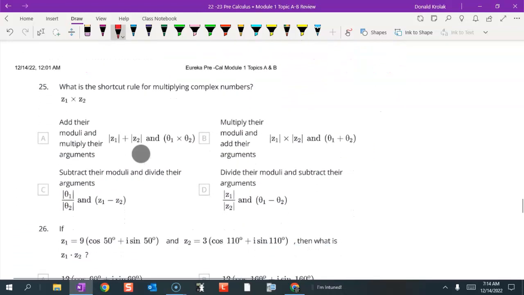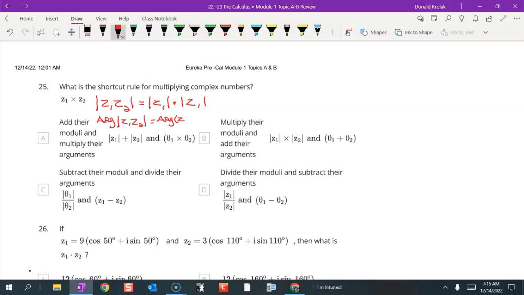Okay, what's the shortcut for multiplying complex numbers? All right, so our shortcut is, if you're multiplying two complex numbers, the modulus of z1 times z2 is equal to the individual moduli multiplied, and the argument of z1 times z2 is going to be the sum of the arguments.